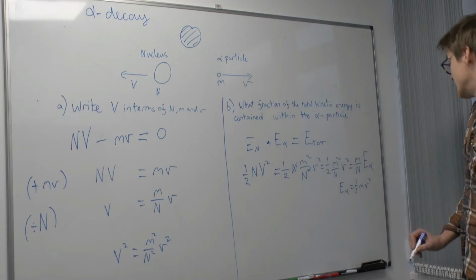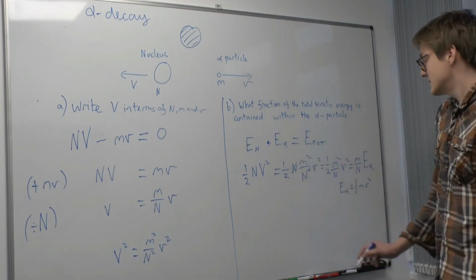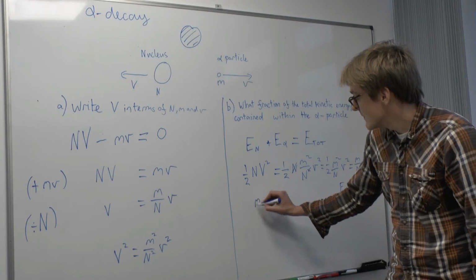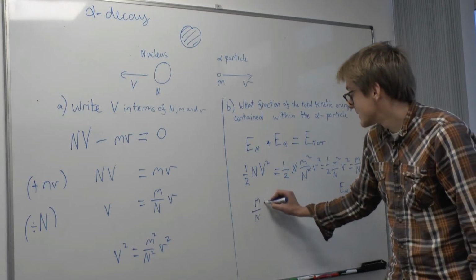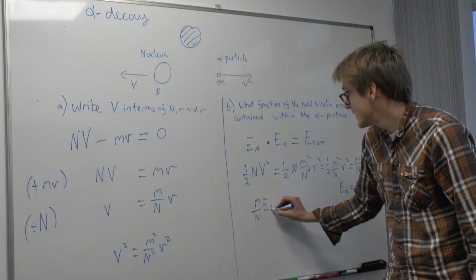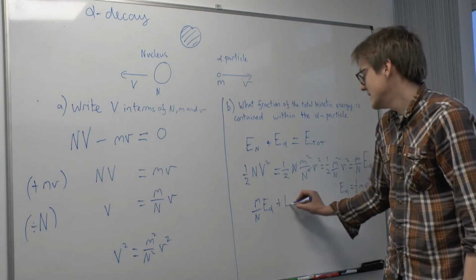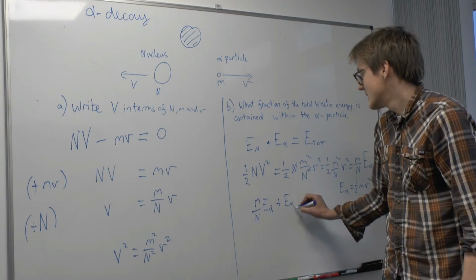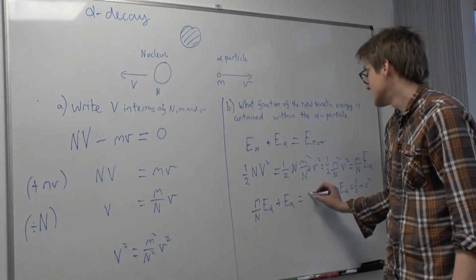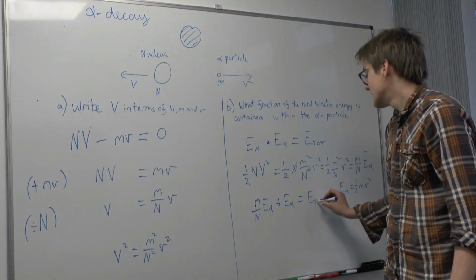So if we substitute this into this expression, we get m over N times E alpha, that's E big N, plus E alpha, the energy of the alpha particle, equals E total.